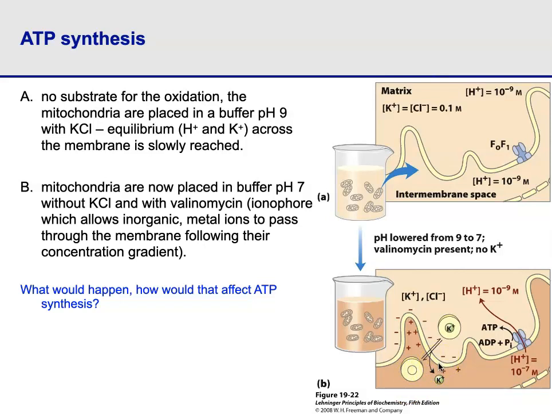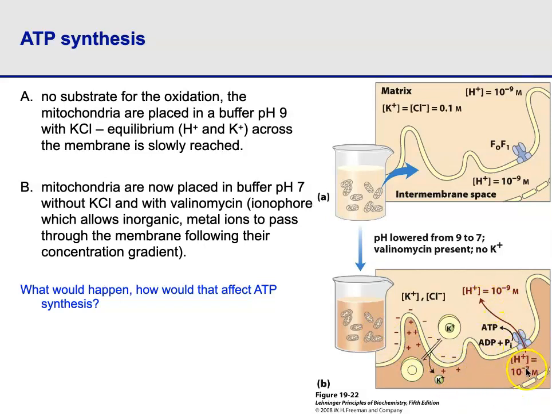But what would happen with ATP synthesis if we put these mitochondria that have been incubated in the basic environment, pH 9, into a pH 7, which is fairly neutral? pH 7 offers a much higher concentration of protons in the intermembrane space.